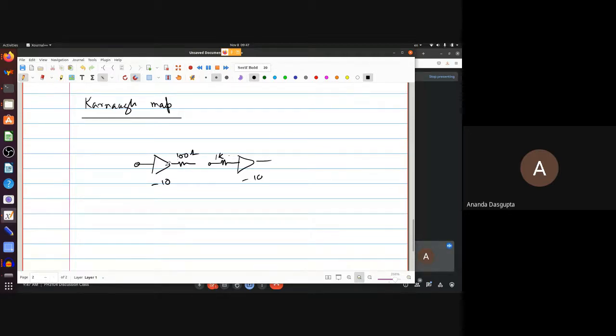I'm just worried about what happens when I join these two things together. So I will have to take a look at the output impedance of this one. Remember, as far as this one is concerned, this is the source. As far as this one is concerned, this is the load. Although we use the word source and load typically for the signal source, say the microphone, and the load for what is finally going to be the load, maybe a speaker.